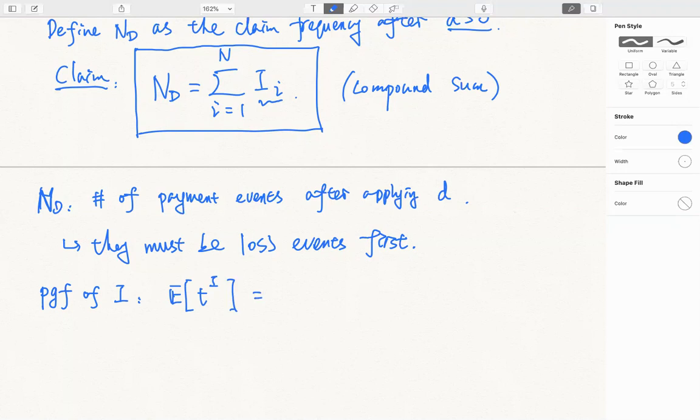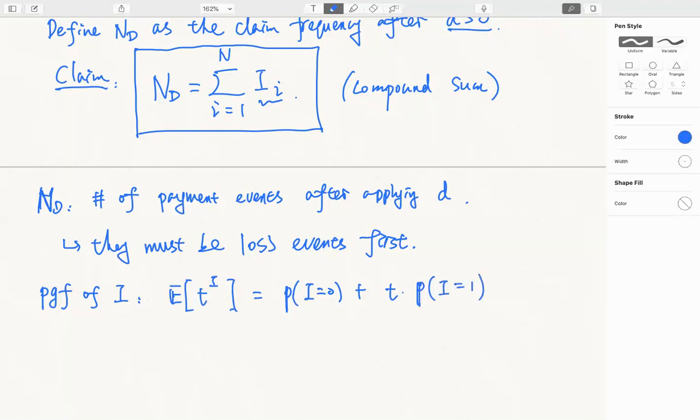It is a Bernoulli distribution. When it is 0, the power function is 1. So basically, this is the probability of I equals 0 plus t times the probability of I equals 1.